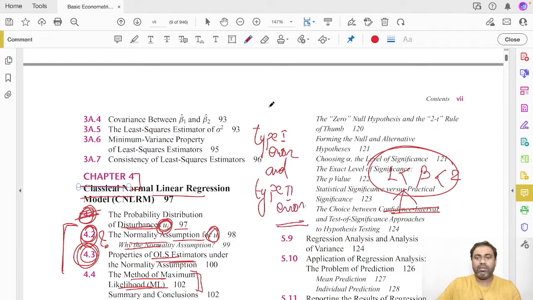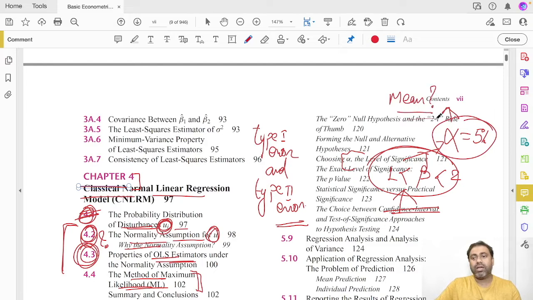Then we have the level of significance. How do we choose the level of significance? If the level of significance, alpha, is 5%, what does this mean? Alpha is equal to 5%. We are rejecting 5%, we are not rejecting the rest. How does this value change with respect to type 1 error and type 2 error?